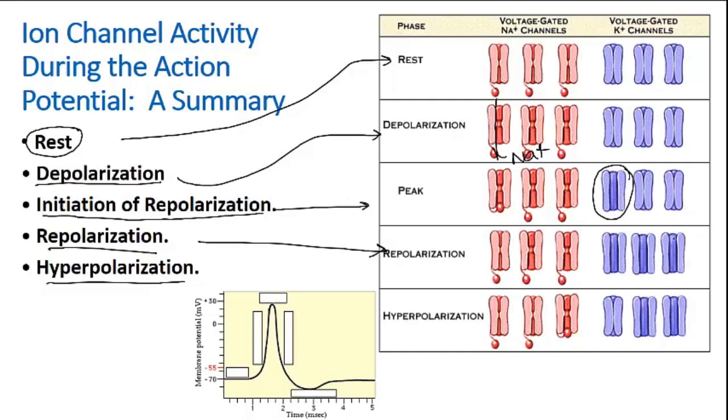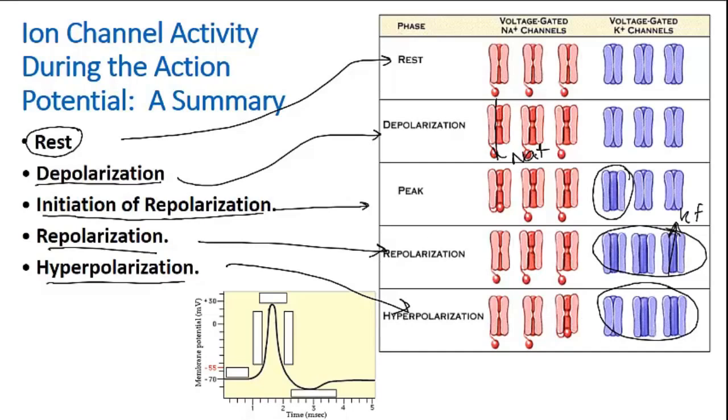During that time, all the potassium channels are open, so potassium flows outside the cell, making the membrane potential negative. Finally, in the hyperpolarization stage, all the sodium channels are closed, and only a few potassium channels are open, which are the slow voltage gated channels.